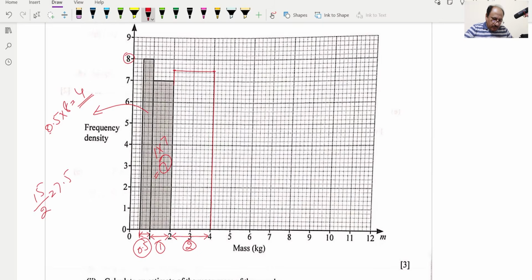We can write over here 2 multiplied by 7.5, this is equal to 15, and this will be our histogram bar, which we can show over here.